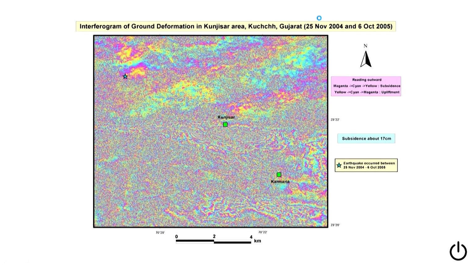If I blow up, as you can see in the Kunjsar area, you are seeing these fringes very clearly. And in one more image you can observe that a subsidence of about 17 centimeter has been observed in the Kunjsar area, and that too roughly 4 or 5 years after the earthquake event.